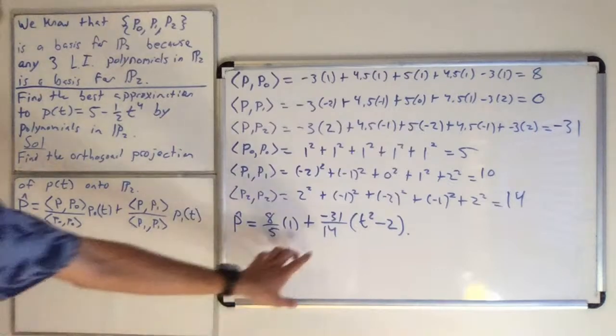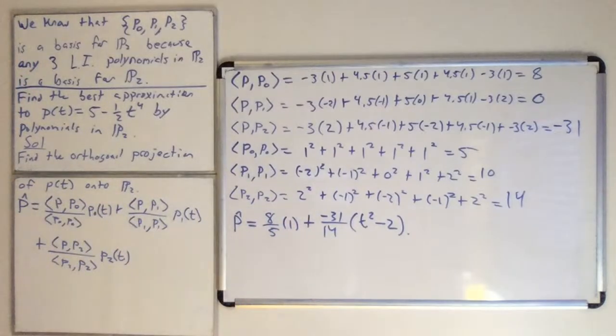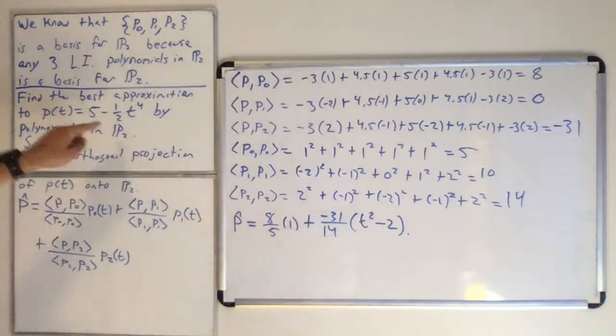Okay, so this polynomial is closest in the sense of this inner product to this polynomial 5 minus 1/2 t to the 4th. So this is the closest degree 2 polynomial to this degree 4 polynomial in the sense of this inner product.